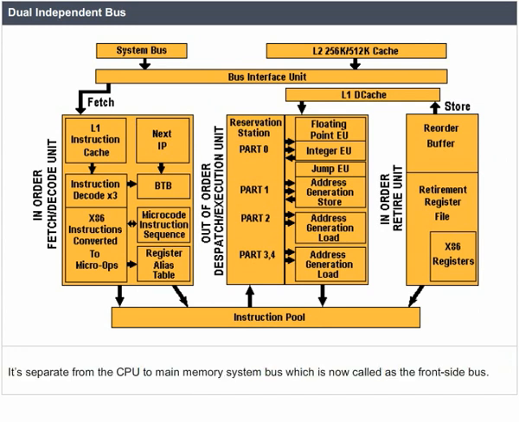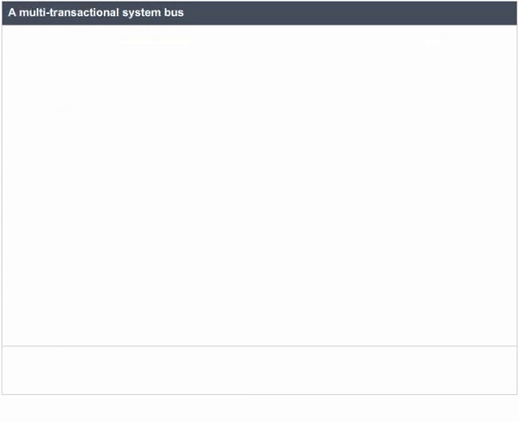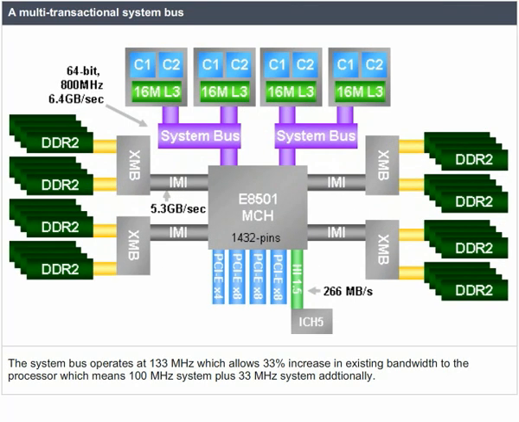It offers up to 3 times the bandwidth performance over a single bus architecture processor. It also supports the evolution to a 100 MHz system bus. A multi-transactional system bus. The system bus operates at 133 MHz, which allows 33% increase in existing bandwidth to the processor, which means 100 MHz system plus 33 MHz additionally.